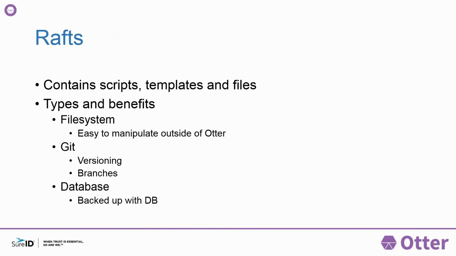In our production instance of Otter, we are using a Git Raft. There's been multiple instances where having that version history has really helped us quite a bit when we made a mistake, but we weren't sure what happened.